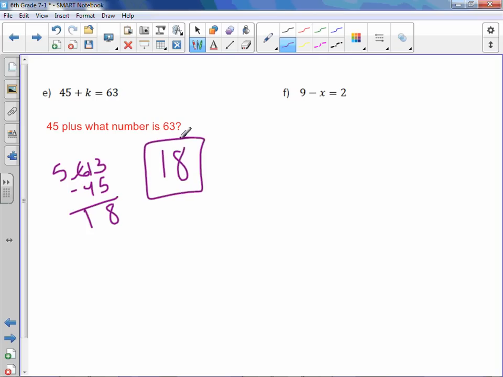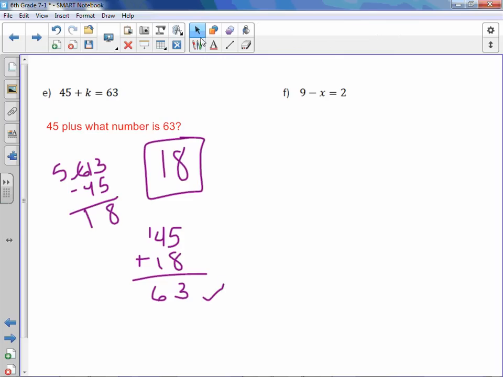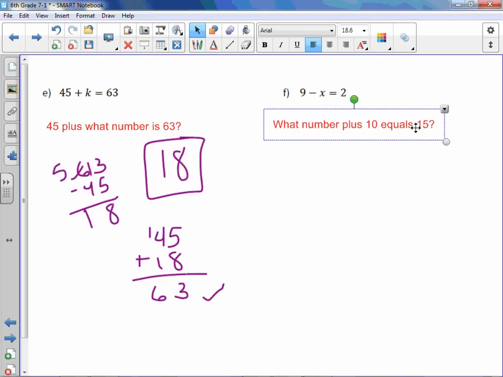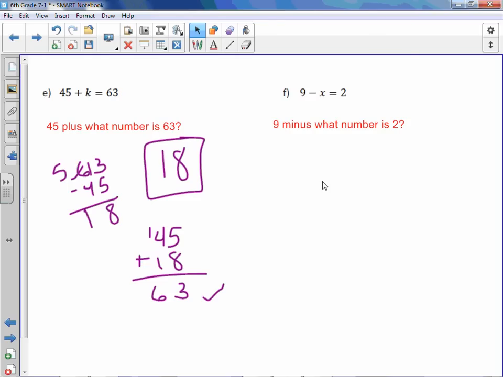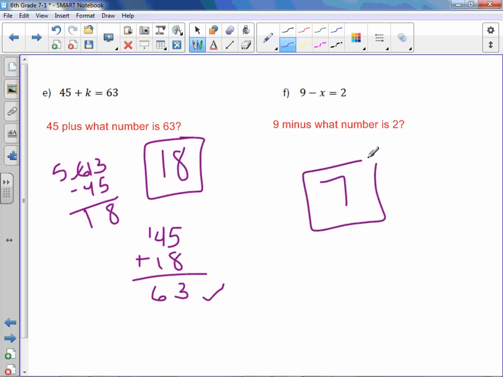So 45 plus 18 equals 63. Let's just double check my math. It checks out. So 18 is the solution. Letter F. 9 minus what number equals 2? Well, 9 minus 7 equals 2. So 7 is our solution.